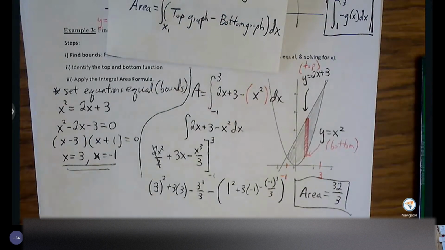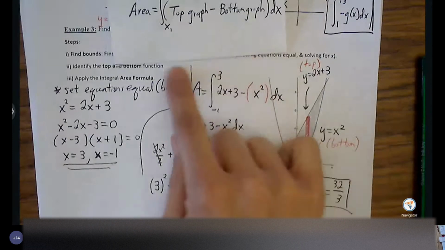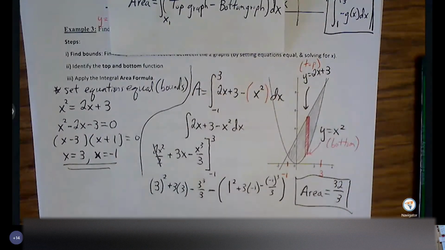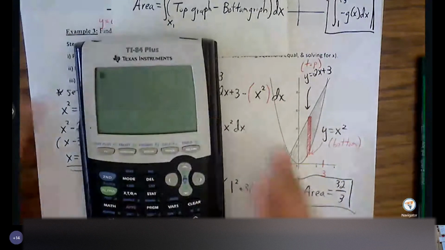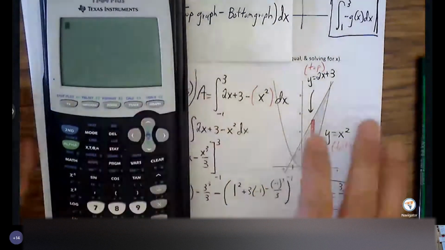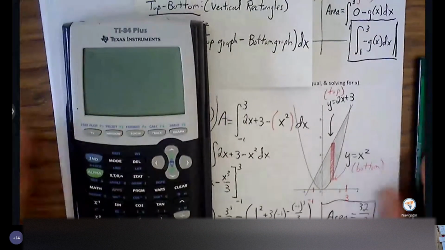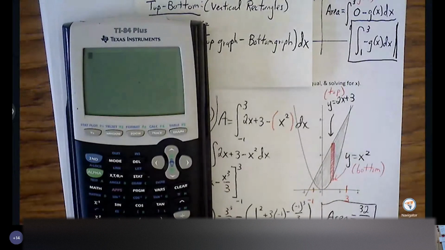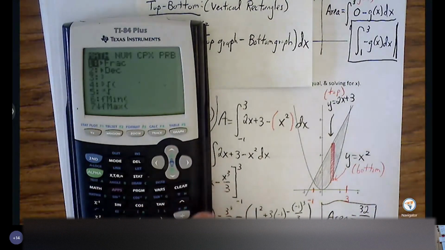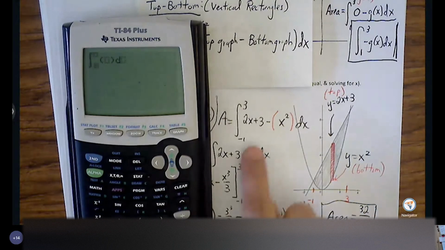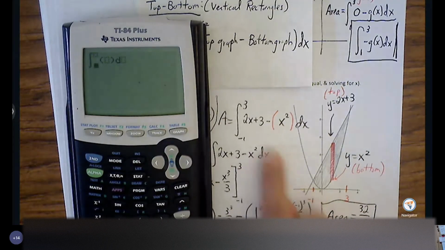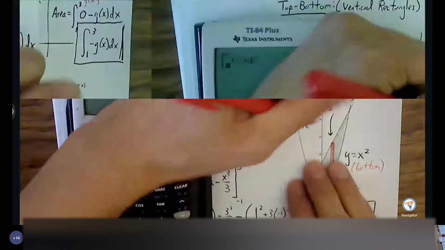Okay, so let's practice entering this in the calculator. We know how to use integral notation here in the calculator, but let's get that practice in. So you're going to go to Math 9. I'll show it on both the 84 and the 36 Pro. We'll enter this integral into our calculator.